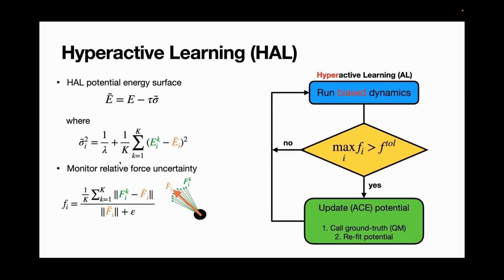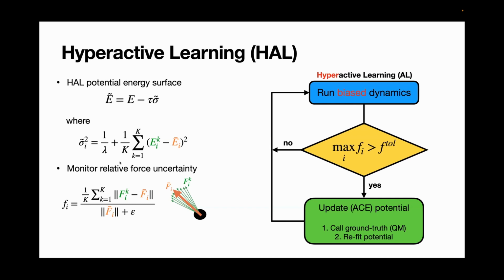And of course, when you start to leave the training data, you should make sure that you don't extrapolate too far and generate unphysical configurations. And the way to do that, what we've chosen to do, is to monitor relative force uncertainty. The reason we look at relative force uncertainty is that often modelers care about relative force uncertainty.